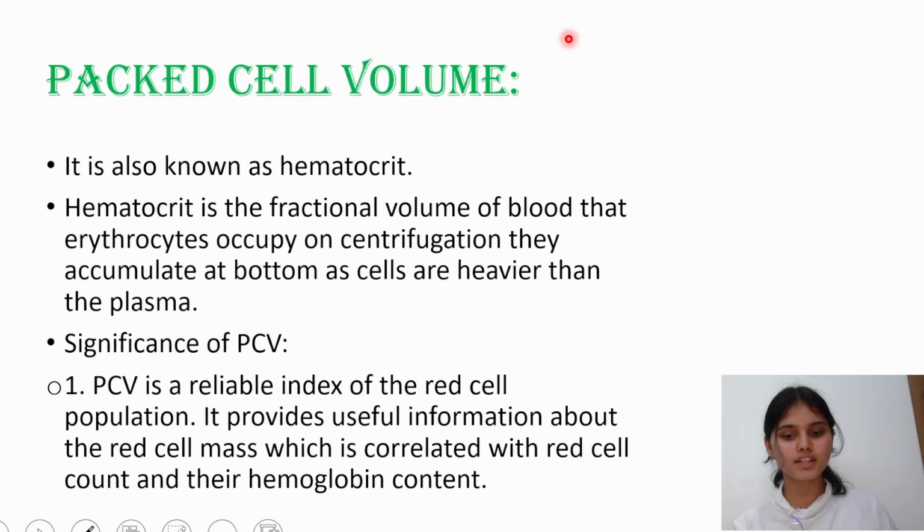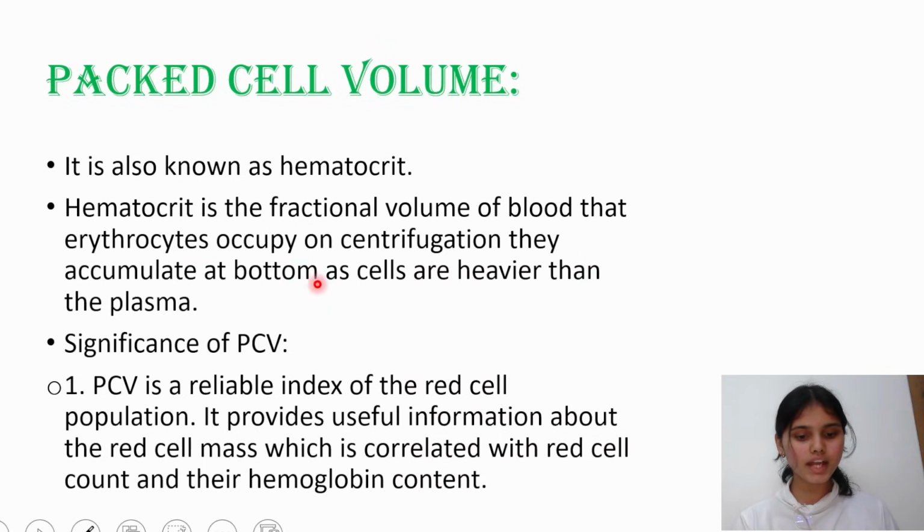Packed cell volume. This is a very important one because it has been repeated so many times. Now think about it. Packed cell volume, something that is packed. Alright, so keep that in mind. It is also known as hematocrit. Hematocrit is the fractional volume of blood that the erythrocytes occupy on centrifugation.